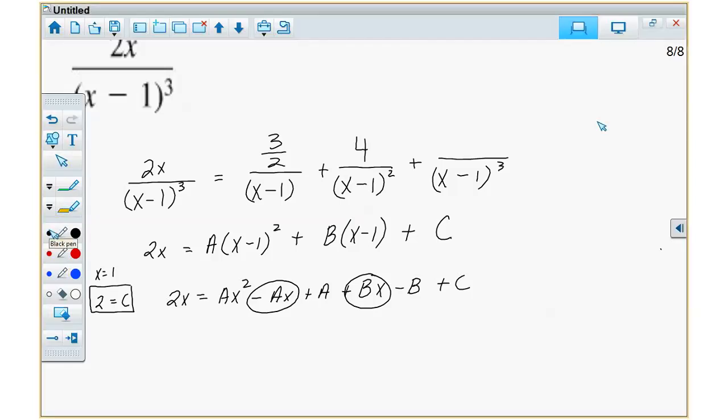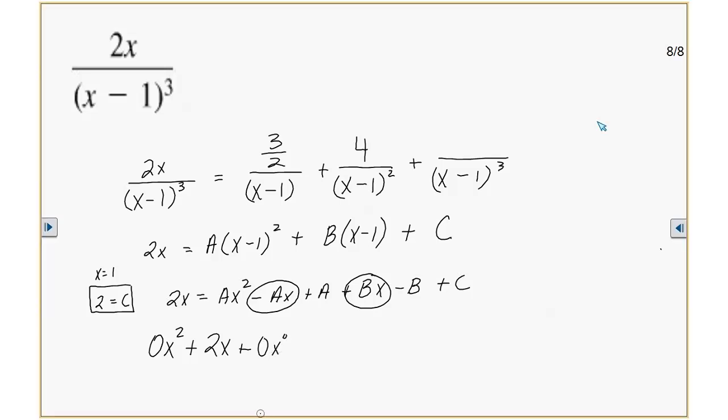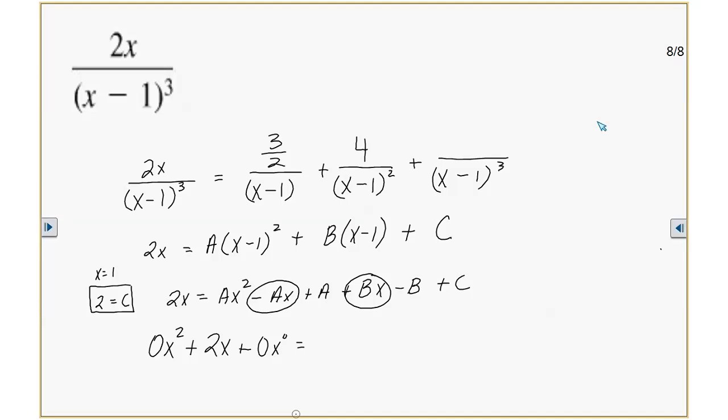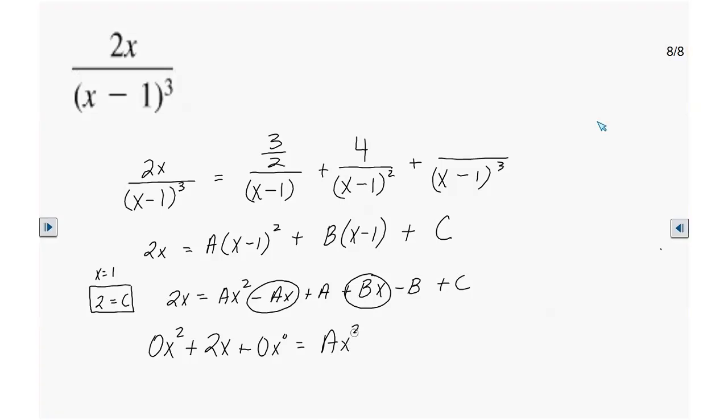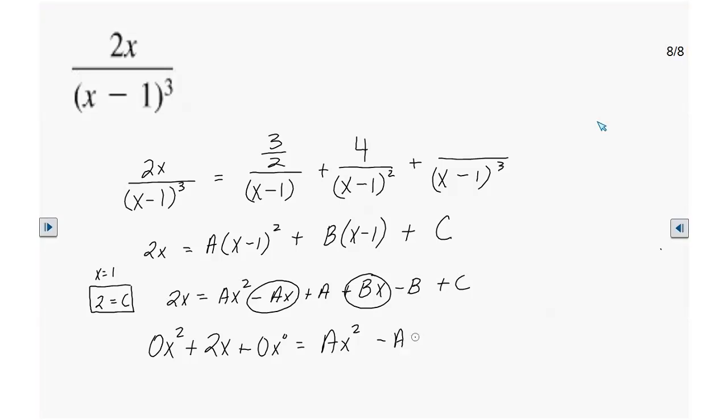All right, so we've got, let me just do this. 0x squared plus 2x plus 0x to the 0 power is equal to, and let's factor out the a, and we only got one a x squared, got that, minus a plus b times x, right?